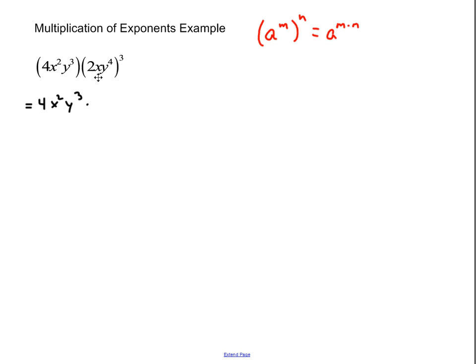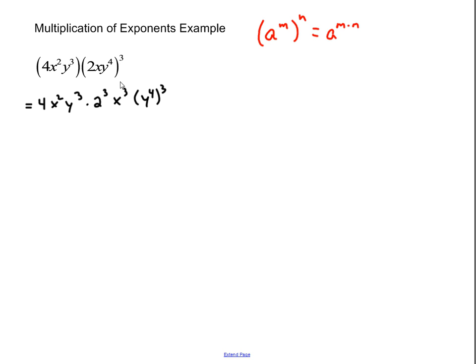In the next set of parentheses, though, if we've got a 3 as an exponent and we're multiplying factors inside of that parentheses, we're going to raise each of the factors to that exponent. So we're going to get 2 to the third power times x to the third power times y to the fourth power raised to the third power.